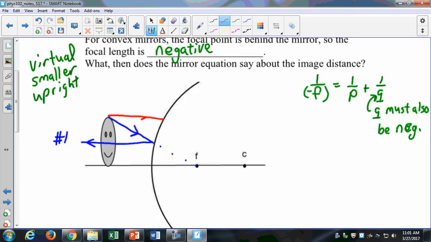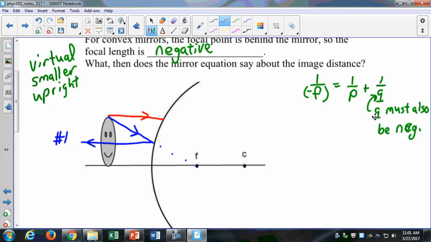Parallel to the axis. Look, this type of device, we'll see this with lenses, but I'm going to tell you the word now that you don't need to know for the test. This type of device is called a divergent device. That means it causes rays to diverge. So I know that this ray is not going to bend down like this. Instead, the ray is going to go up in this direction. And you can think about the law of reflection, that this is my incident angle right here, so my reflected angle has to be here.